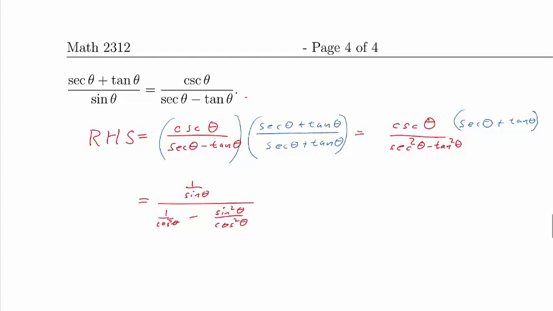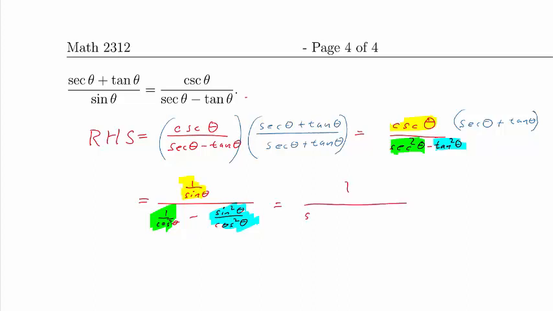Alright, just so you can see everything. That goes to that. This guy goes with this guy. And this guy goes with this guy. Alright. So this is this guy on the top.